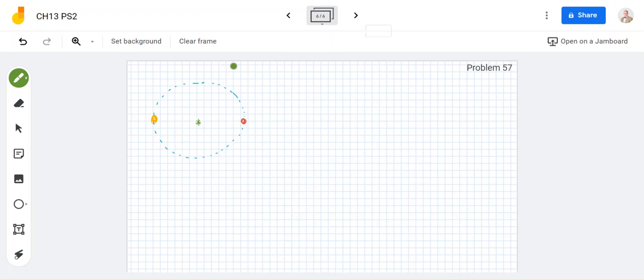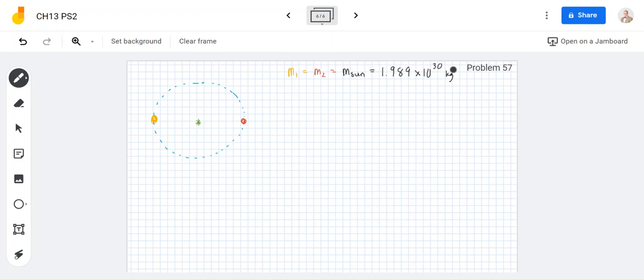All right, and it says that mass 1 is equal to mass 2, which is equal to the mass of our sun, which I think is equal to, let me check, 1.989 times 10 to the 30th kilograms. All right, so here's our picture.